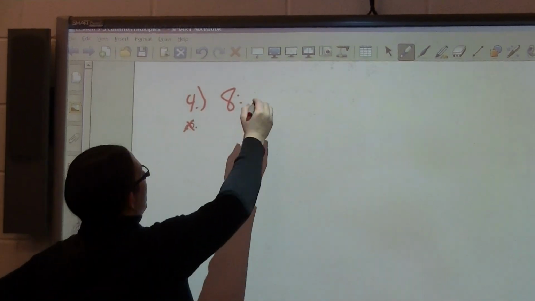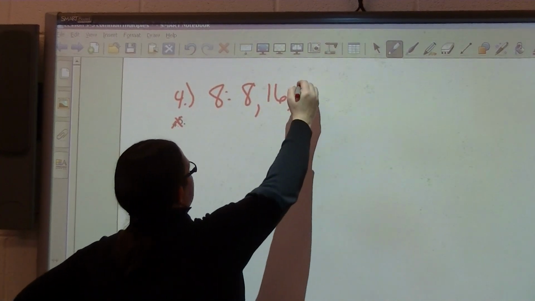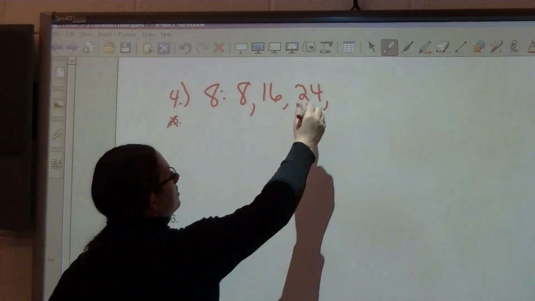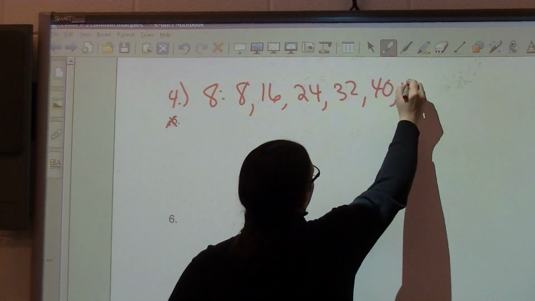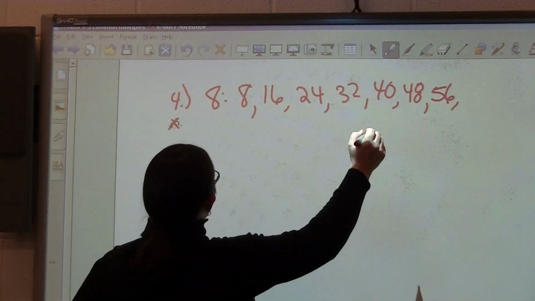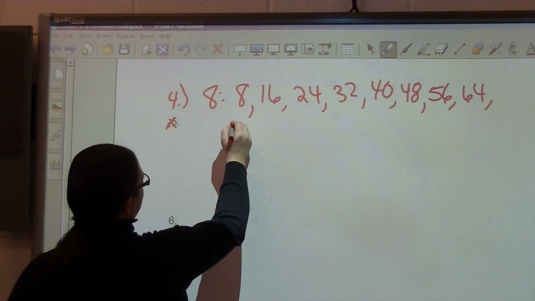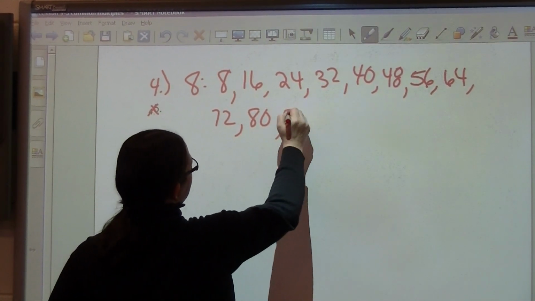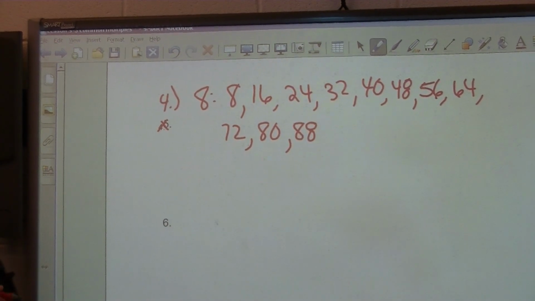Okay, so again, multiples of 8. 8 times 1 is 8, 8 times 2 is 16, 8 times 3 is 24, 8 times 4 is 32, 8 times 5 is 40, 8 times 6 is 48, 8 times 7 is 56, 8 times 8 is 64, 8 times 9 is 72, 8 times 10 is 80, 8 times 11 is 88, and that's where I said to go up to at least 10.